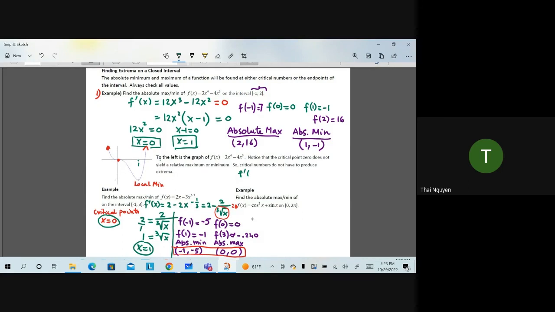So let's go into the last example. All right, so f prime is going to be equal to cosine. Remember that the outside is the power, so we're using the power rule. So it's going to be 2 cosine of x, and the inside is a cosine.